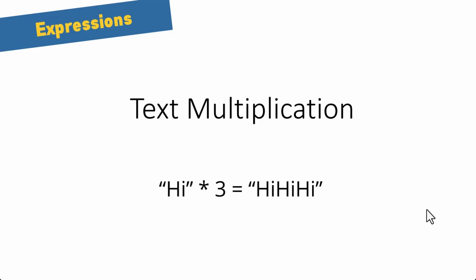Now the last, and probably coolest operation we'll look at is text multiplication. That's right, you can actually multiply text strings. Not by other strings, mind you. Hello times world obviously doesn't make a lot of sense. But if we multiply, say, the word hi by the number 3, we get back a text string consisting of hi repeated 3 times back to back.